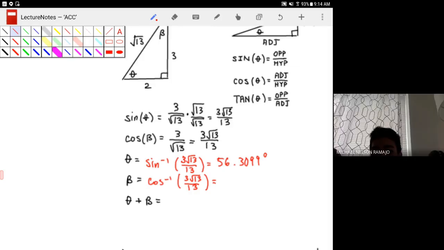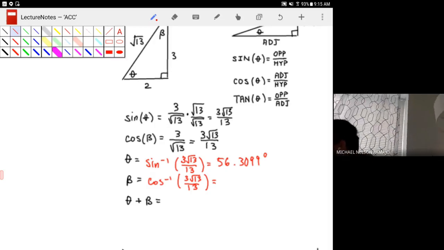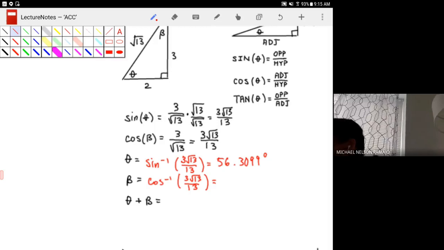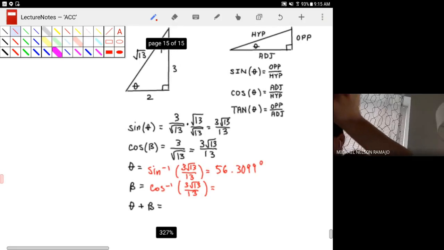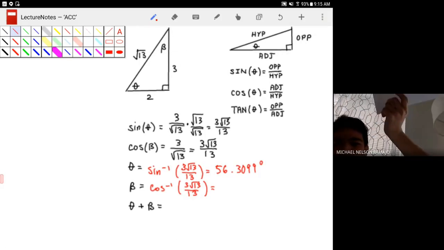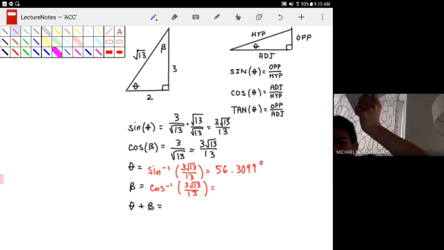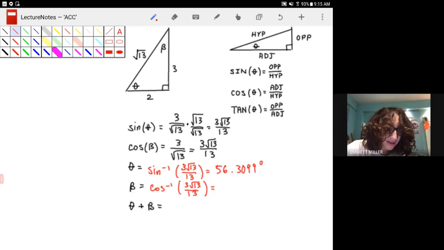All right, sure, you do it. My calculator is running low on battery anyway. I haven't charged it since Monday. I got 33.69.